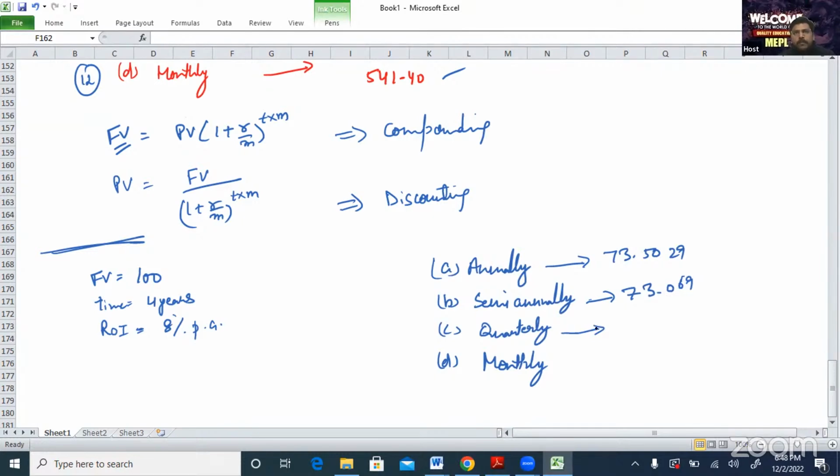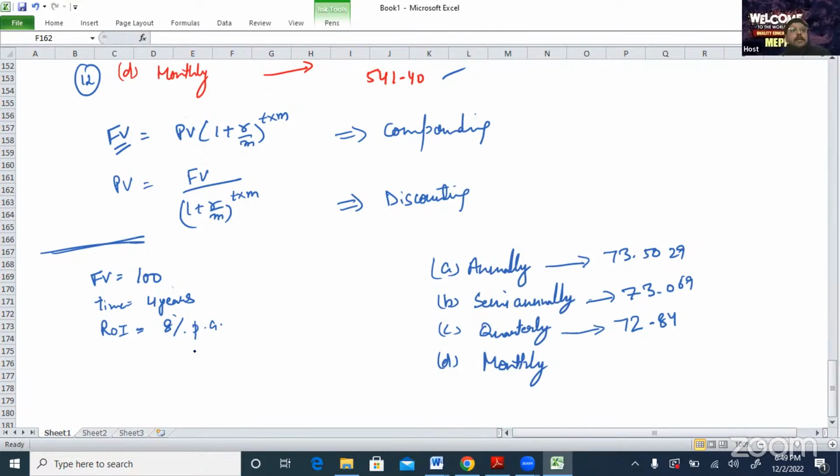So 8% divided by 4, 2 will become I/Y. PV is something which we have to calculate. 100 is future value. Compute present value, that is 72.84. See, a minus sign is coming, and we know the reason: if we are putting 100 as a positive number, then definitely my present value will come negative.